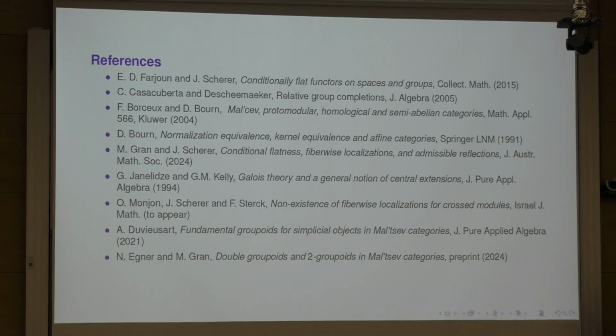Yes, Clément. What's the difference between a homological category, which is ideal determined, and a semi-abelian category? Well, actually, if you add ideal determined to homological category, you get exactness. So it's the same.